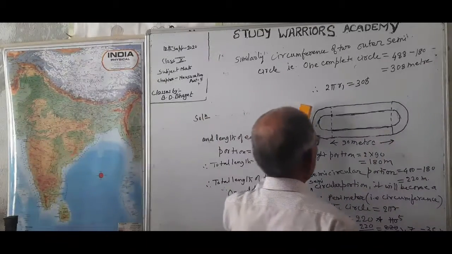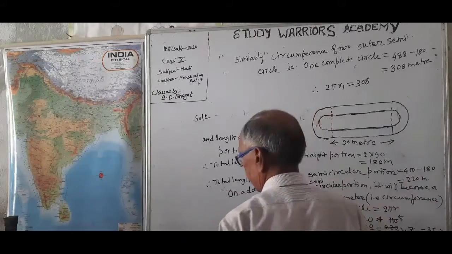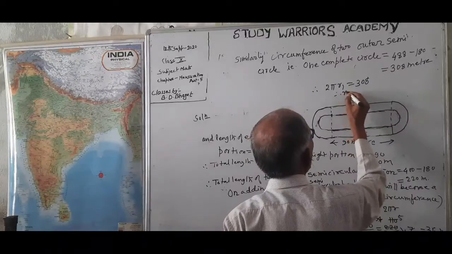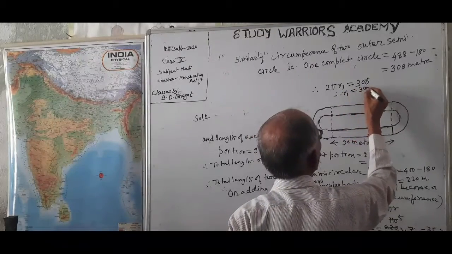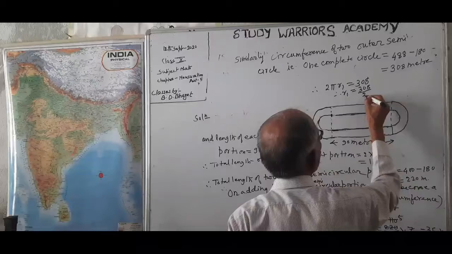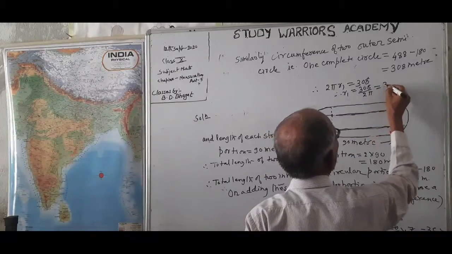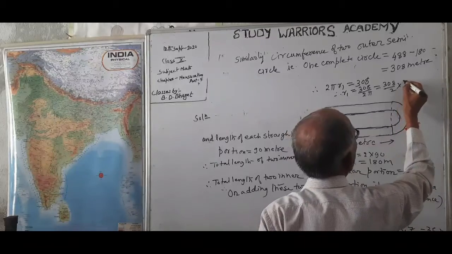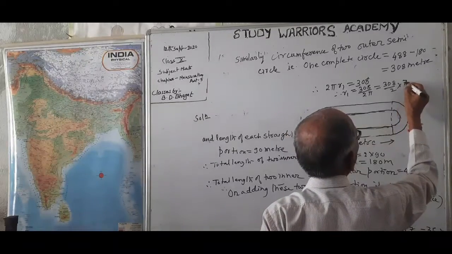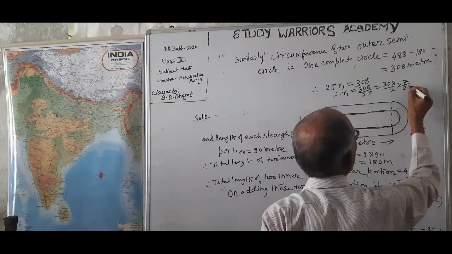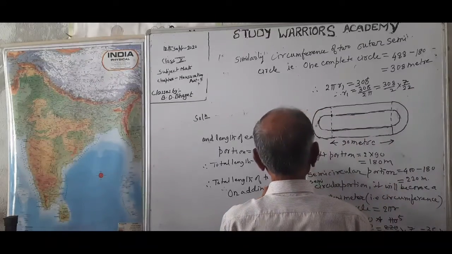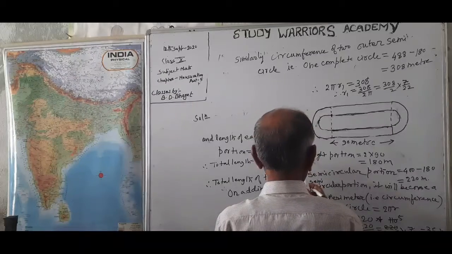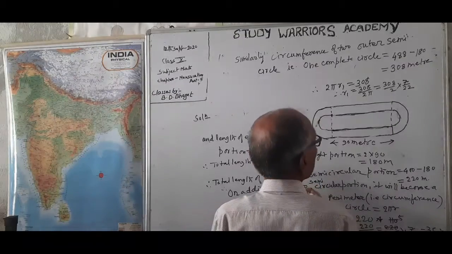Therefore, R1 is equal to 308 by 2 pi, 308 by 2 into 7 by 22. So 7 into 308 by 2 into 22.